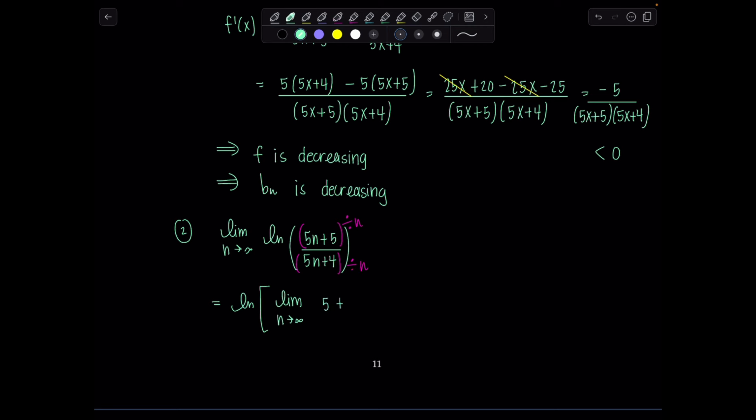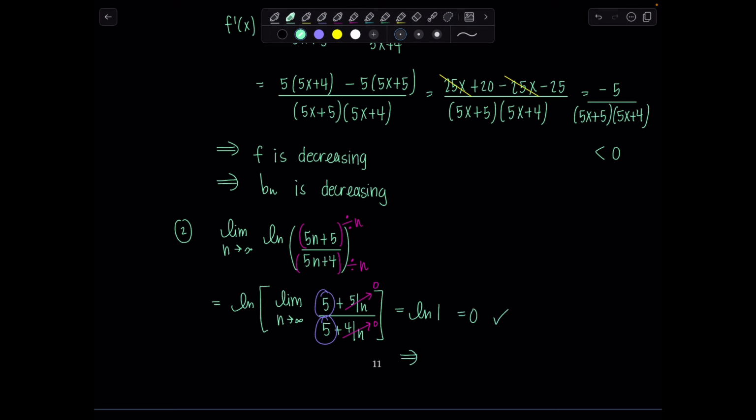So this is (5 plus 5 over n) over (5 plus 4 over n), right? And now as n gets large, these go to 0. And then I just have 5 over 5. That's 1. So this limit is natural log of 1, which is 0, which is the condition that we needed.